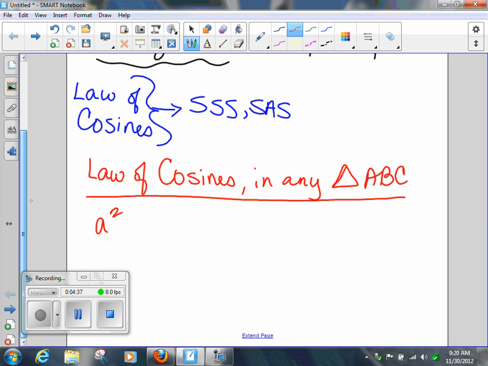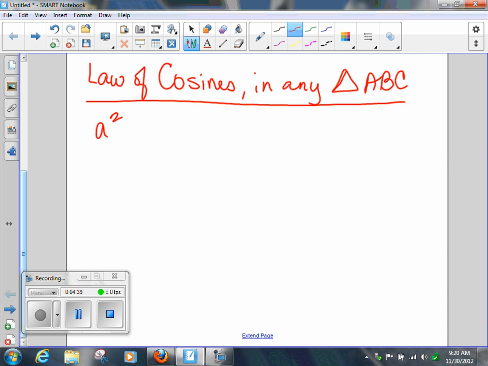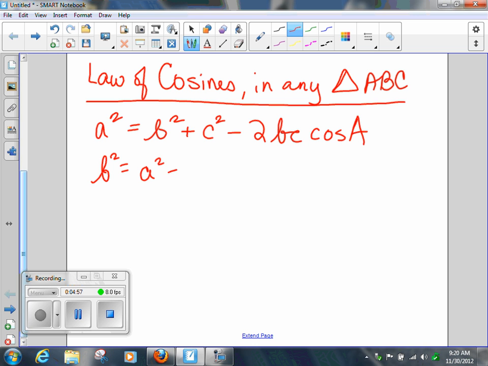I'd want them both places just because you're going to have a squared is equal to b squared plus c squared minus 2bc cosine A. Aren't you glad you don't have to memorize that? And then B squared is equal to A squared plus C squared minus 2AC cosine B.